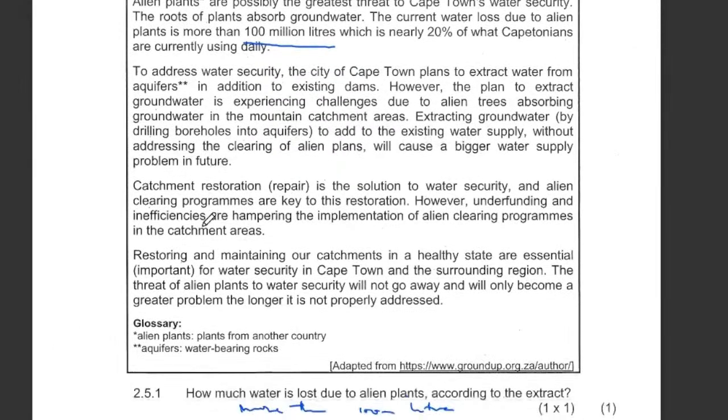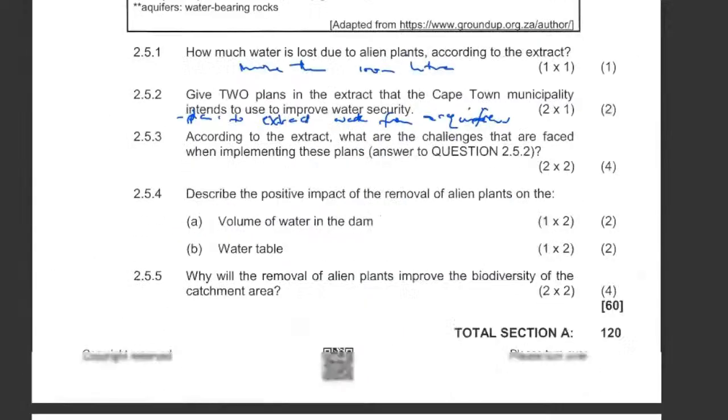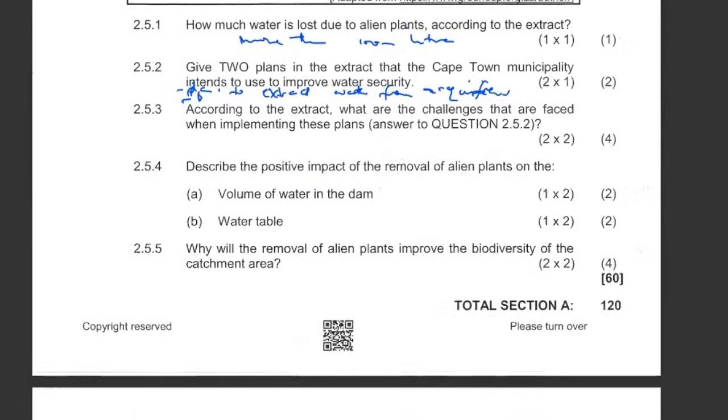Okay. The catchment area restoration or repair is the solution to water security, and alien clearing programs are key to its restoration. So that means there is another plan of clearing, and also here extracting underground water or drilling boreholes into aquifers. So since it is 2 marks, we can also have drilling boreholes.